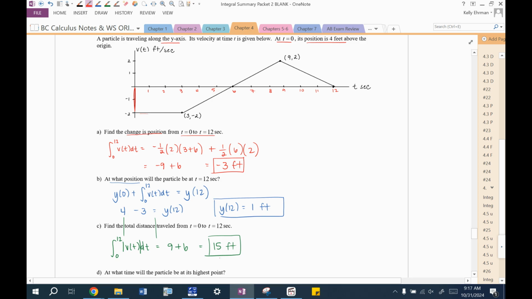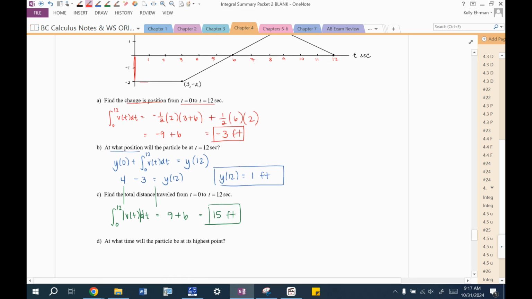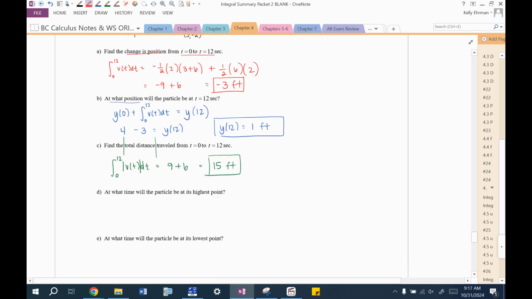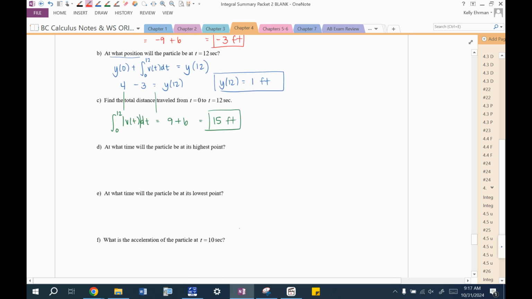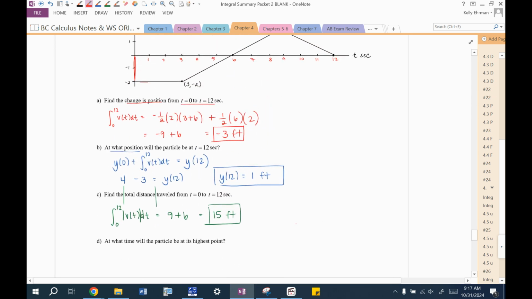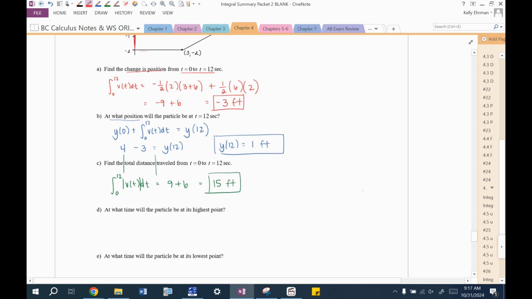At what time will the particle be at its highest point? Do we have to do that in the next one? No, we don't have to find the highest point, just the times.